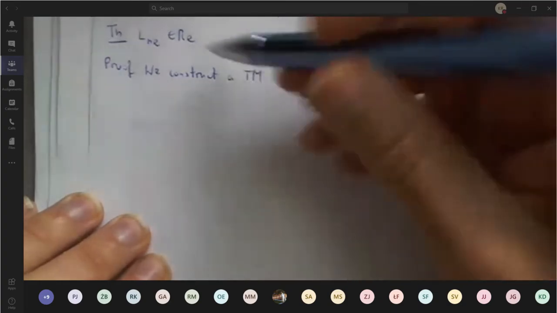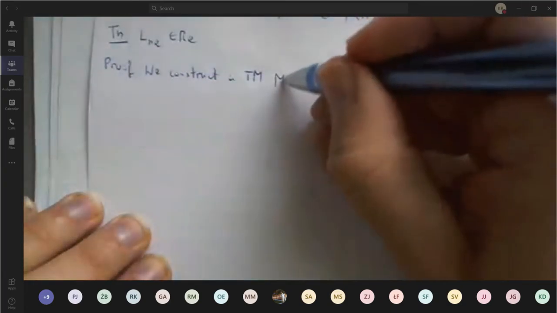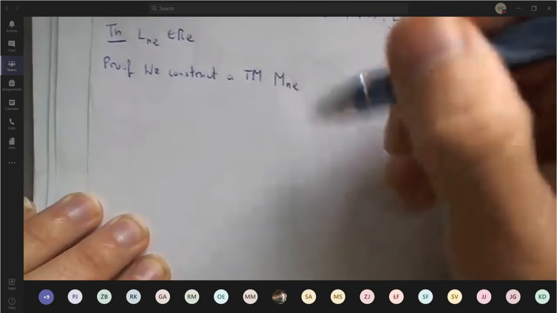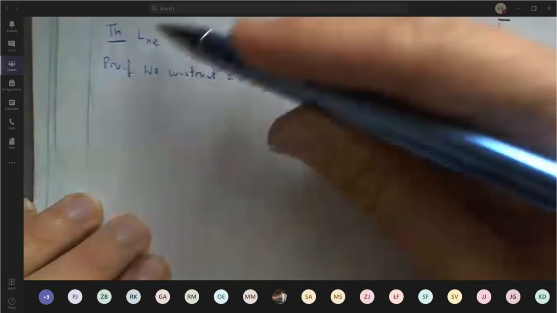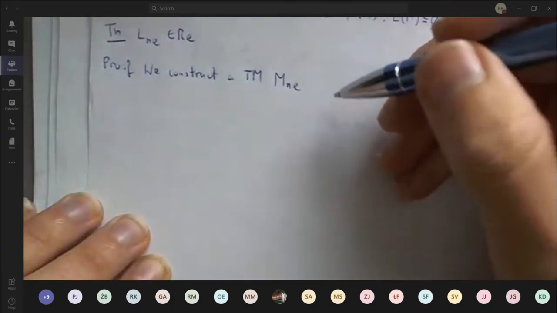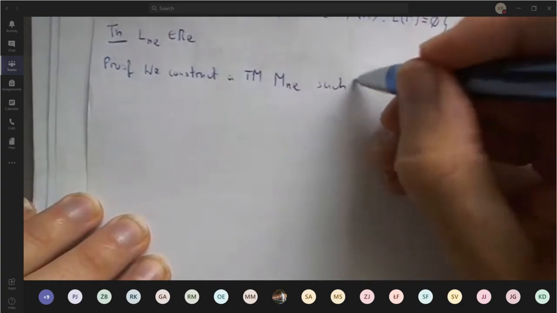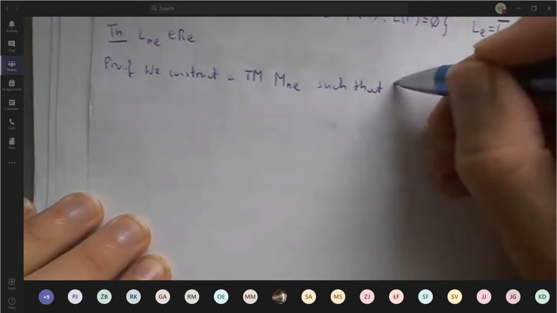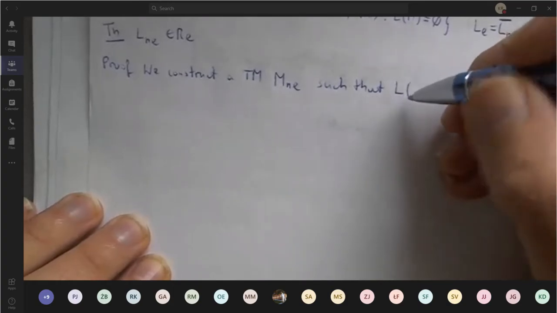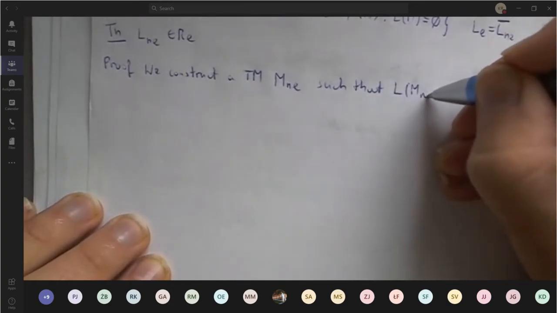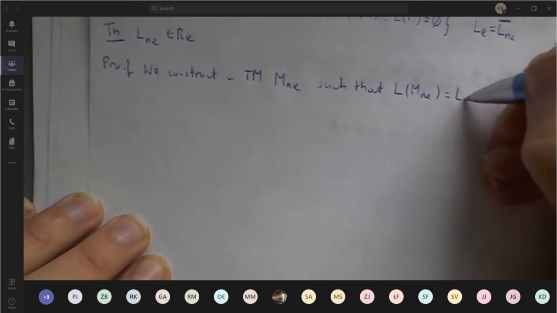I will call this Turing machine MNE, with the same letters as the language, such that the language accepted by this Turing machine is our language.